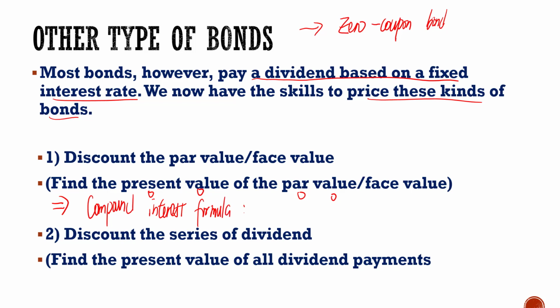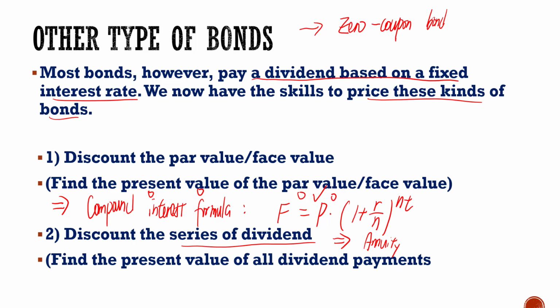Meaning we are using future value equal present value times 1 plus rate over number of compounding period raised to nt. We are solving for the present value of the par value. That's first step. Second step, we discount the series of the dividend. And series of dividends gives us an annuity.